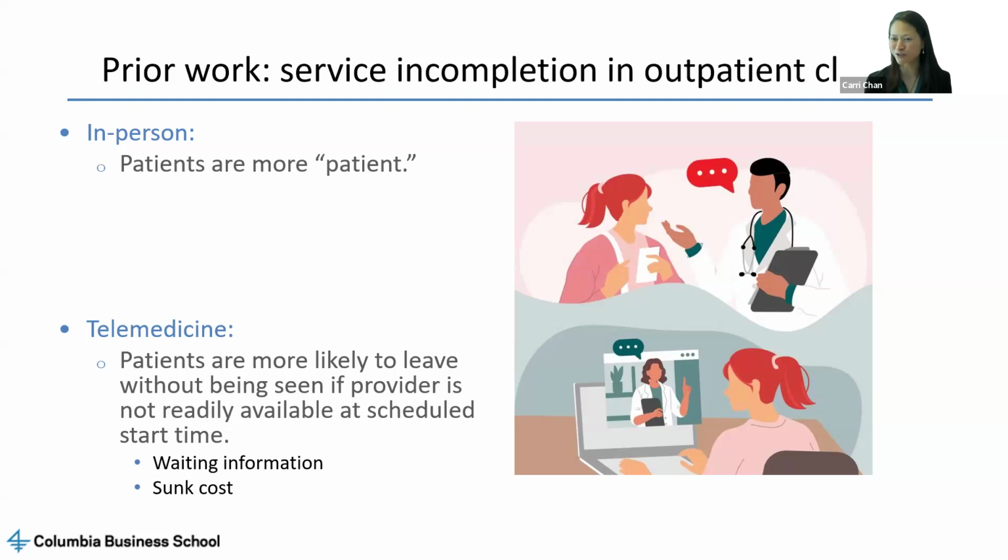Now, many people in our field have spent a lot of time looking at that, but how does that compare to having somebody incur a sunk cost before they decide to enter the queue? And so that's really what we are trying to understand in this particular work.